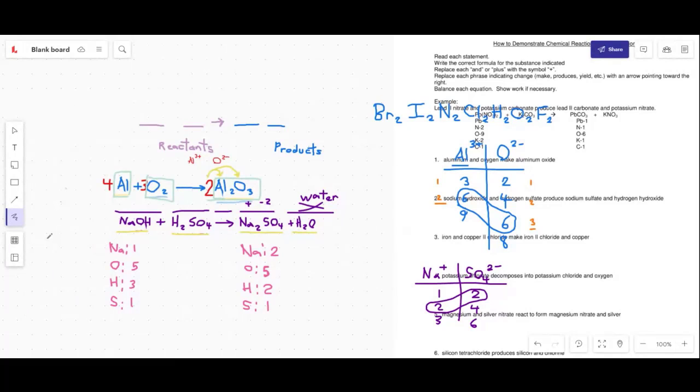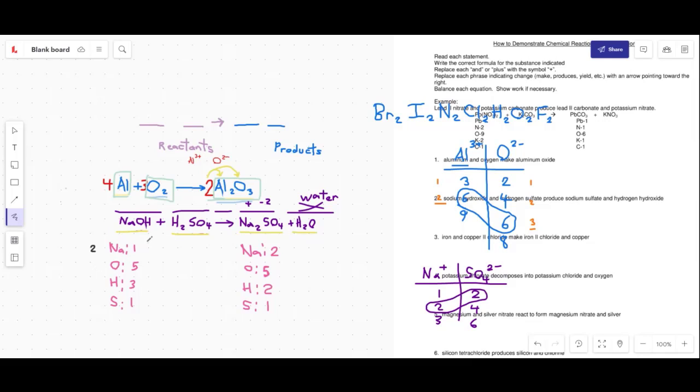How many substances does sodium appear in? Two. Yeah, it's in this one, and it's in this one. How many substances does oxygen appear in?